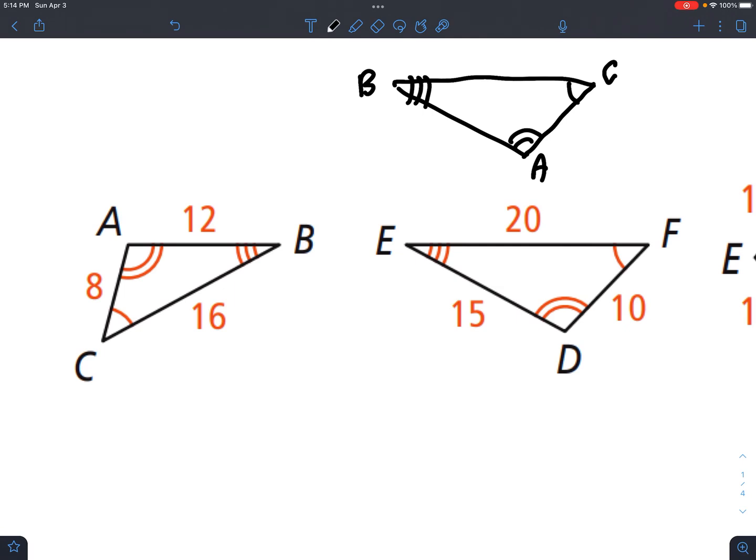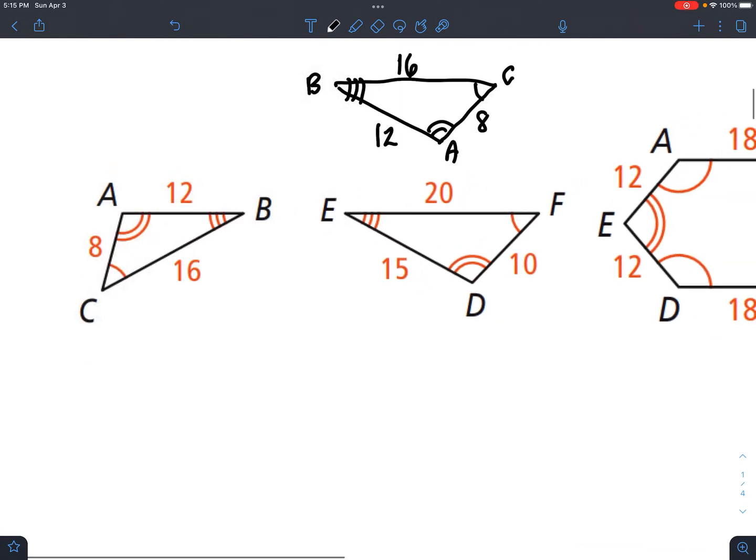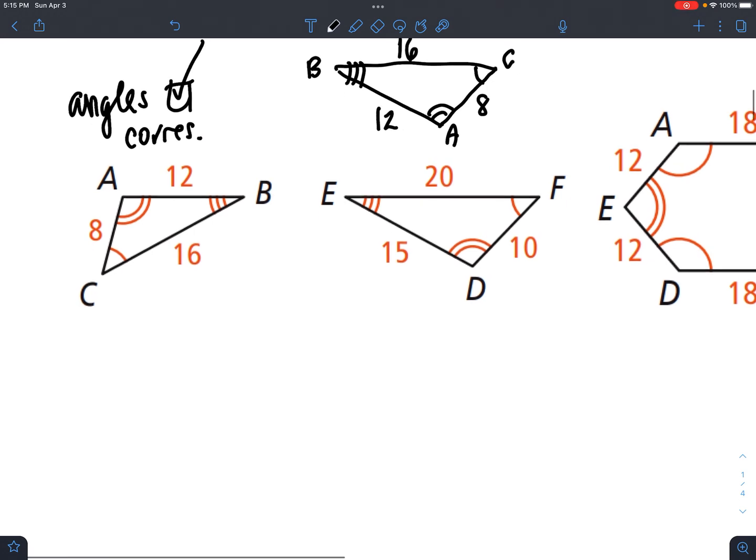So between B and A is 12. Between B and C is 16, and the last side is 8. I like this a lot because now I can breathe a little bit and see what's available. So angles, they correspond. That's clear to see. We were able to rotate it and line them up.